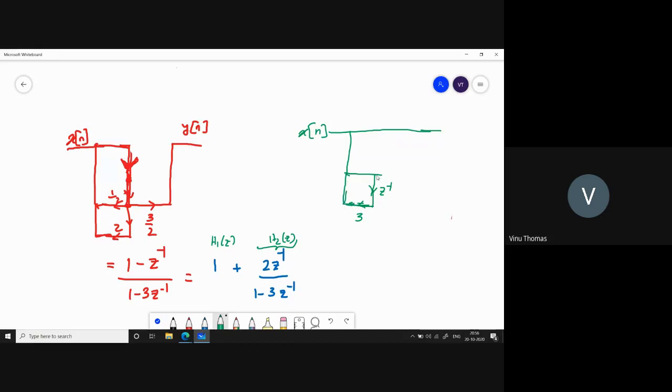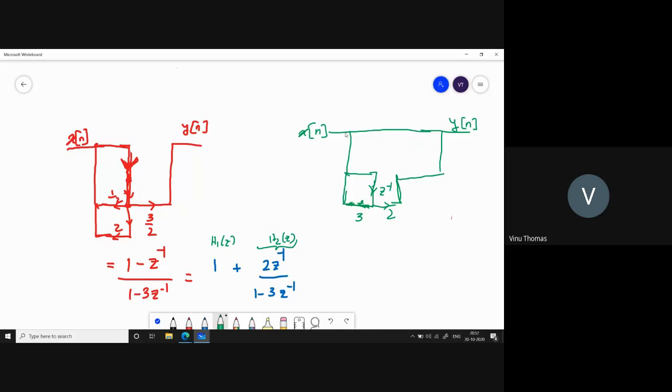And here this should be multiplied by 2. And this is summed up here. This is y of n.